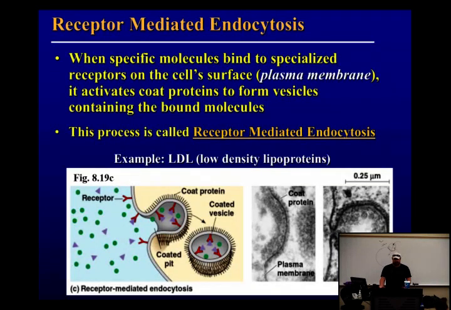Right, it's right there, LDL, low density lipoprotein. Right there, on top of this. So viruses can exploit this process and enter the cell in the same mechanism. Yep, that's exactly right.